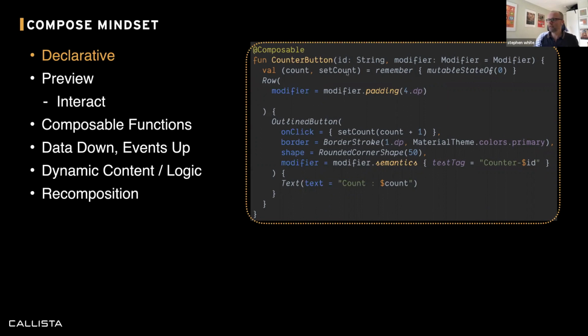So we have our count, set count, which is pretty much the same as we had previously. We have a modifier here. Now, Jetpack Compose uses this modifier to be able to sprinkle in your theme and a bunch of other things as well. But I won't go too deeply into that.